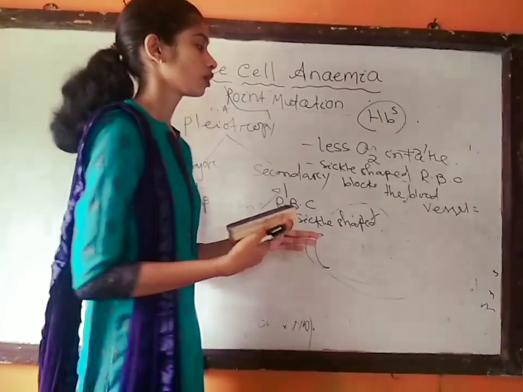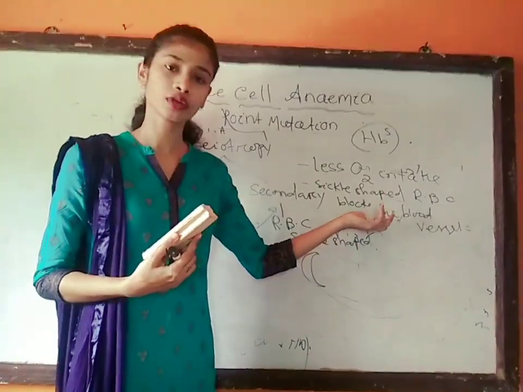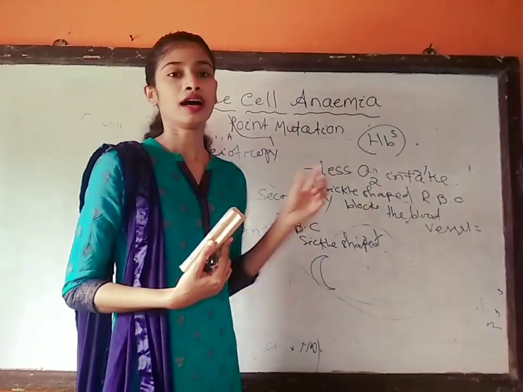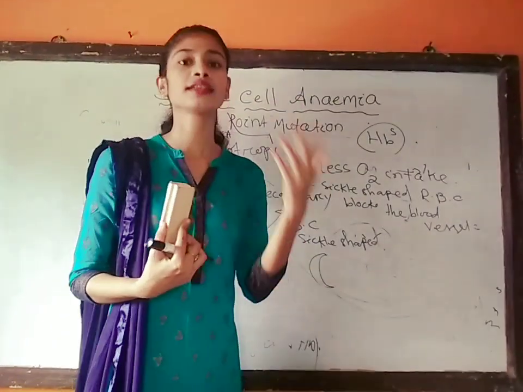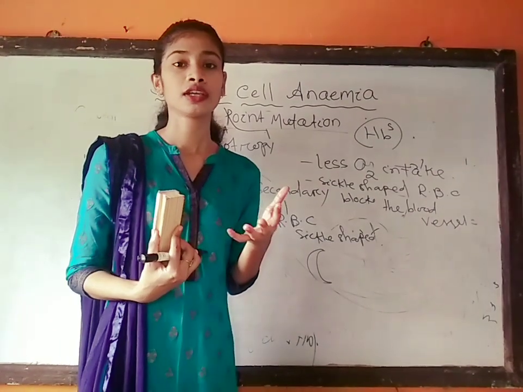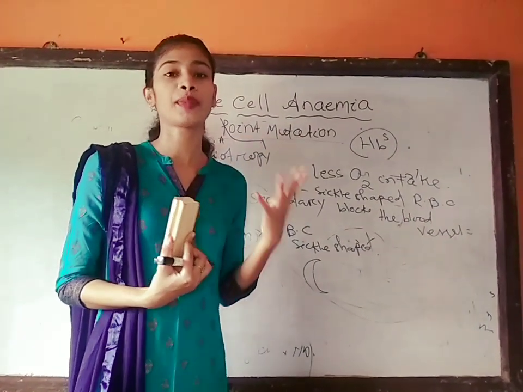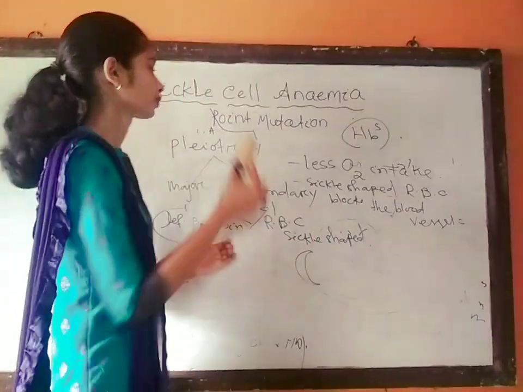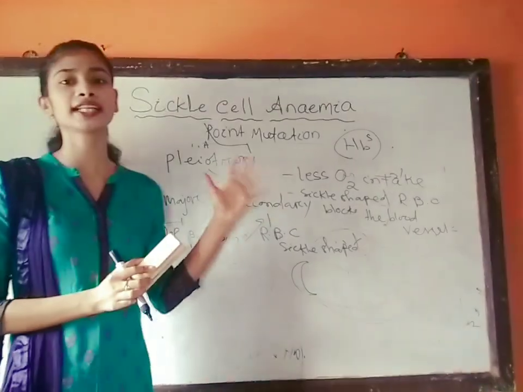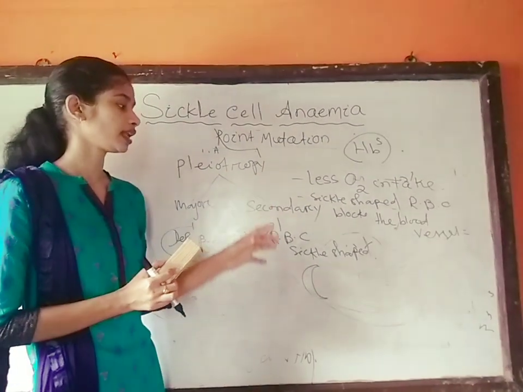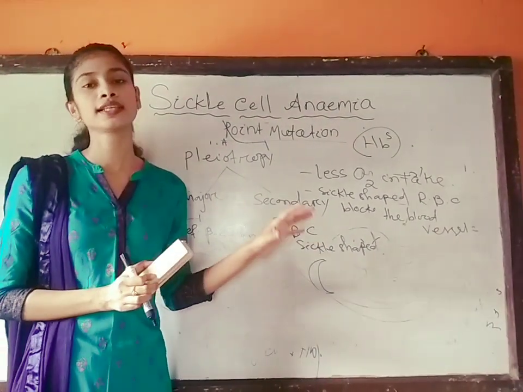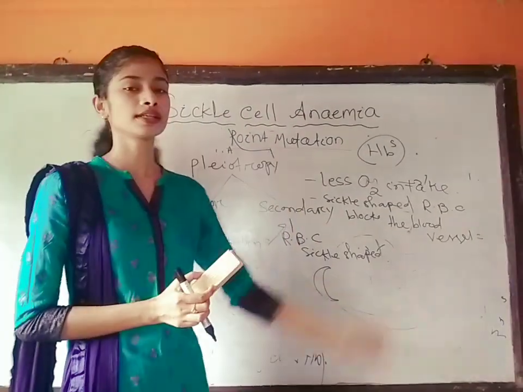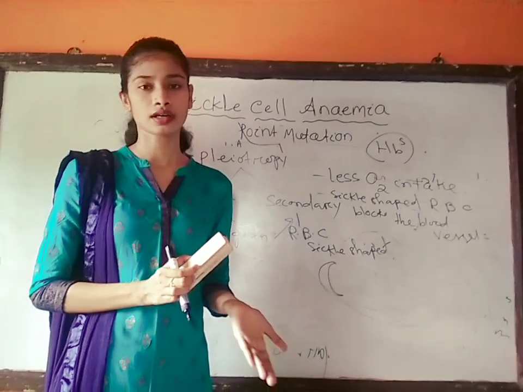That's why your blood pressure may be low, a heart attack may occur, and there is fatigue, edema, or slow breathing. Your skin and eye color become yellow or pale. These are the symptoms of sickle cell anemia. So it's a genetic disorder, a Mendelian disorder, caused by a single defective gene. These are the symptoms and how it occurs.